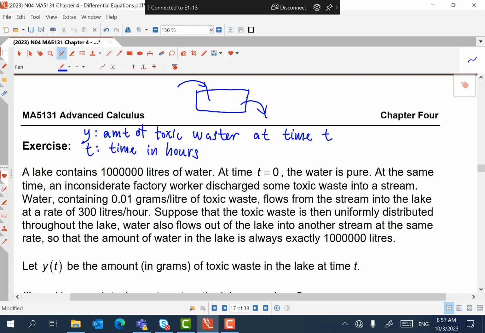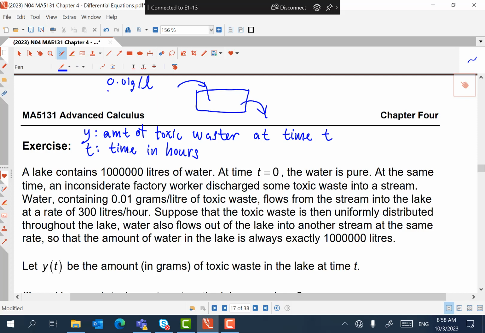Okay, so imagine the lake like a tank. What we hear here is the toxic waste is pumped into the stream at 0.01 gram per liter. It looks very little, right? Looks very insignificant.